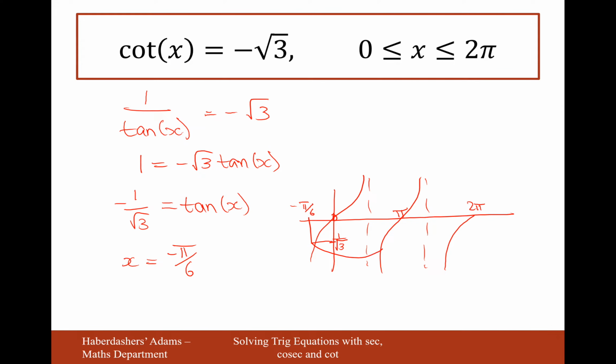And to get to the next solutions to minus 1 over root 3, you just add pi onto your answer each time. The tan graph is a pretty easy one to use. So add pi onto this one, you get 5 pi by 6, and add another pi on and you get 11 pi by 6. So these here are the two answers in between 0 to 2 pi.